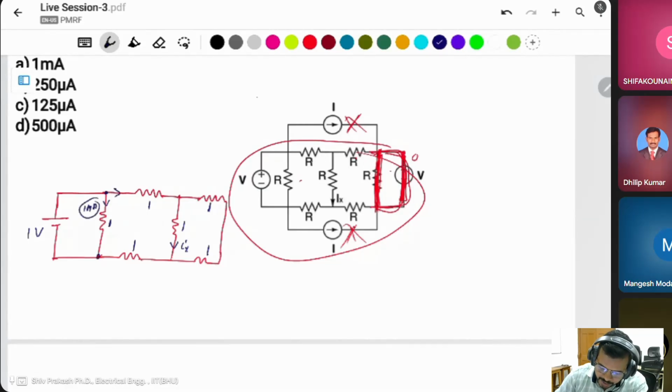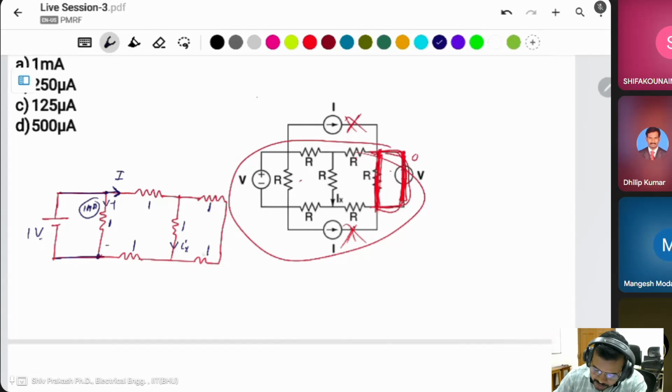Then we have to find this current. This voltage is the same as 1 volt, parallel connection. Then what is the current of this one? Calculate all the resistors, the equivalent resistor, then divide 1 by it, and we get this current I.